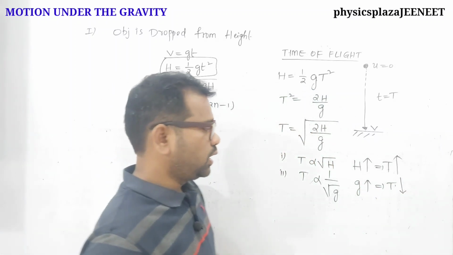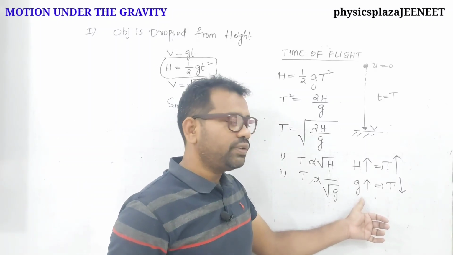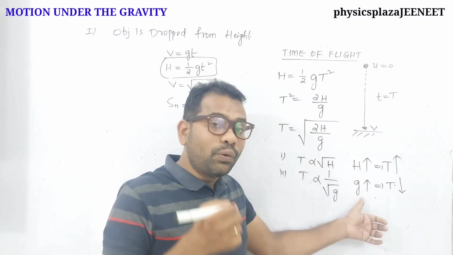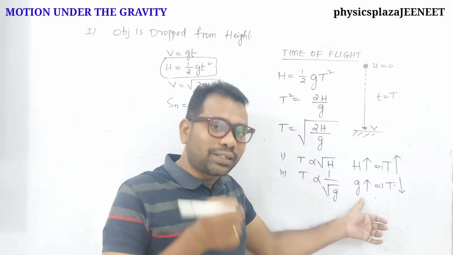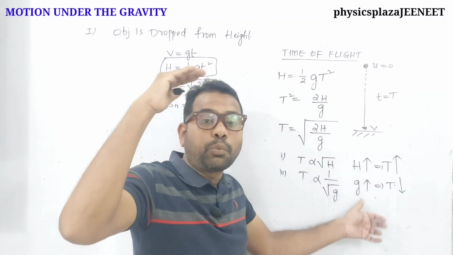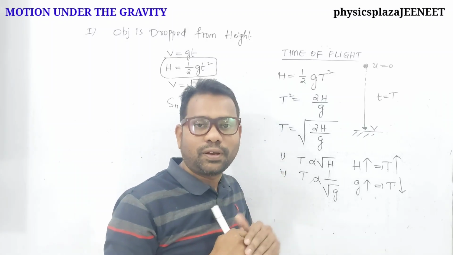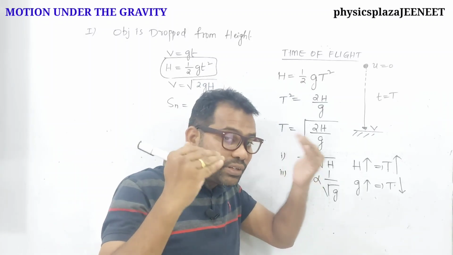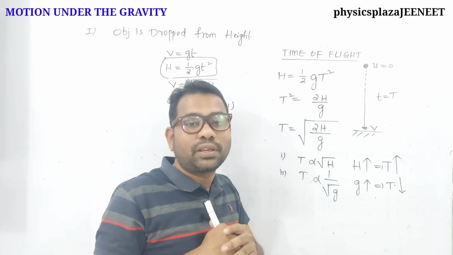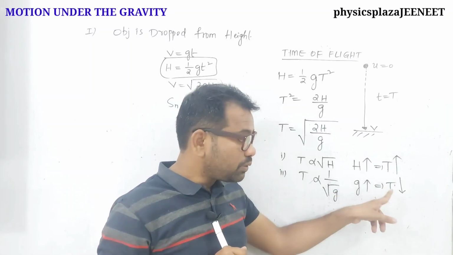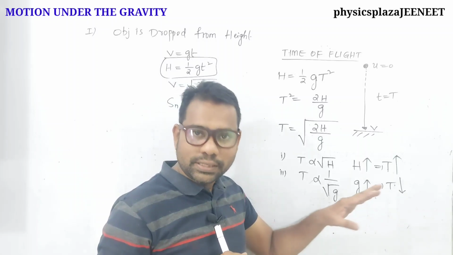For suppose, children, on earth the g value is 9.8, whereas on the moon surface it is 1.64. So where will the time of flight be more? If a body is dropped from the same height on the earth surface or the moon surface, in which case is time of flight less, children? In the earth case, because in the earth case the g value is more, so time of flight will be less. Is it clear?